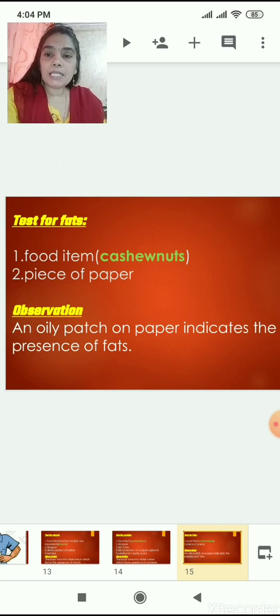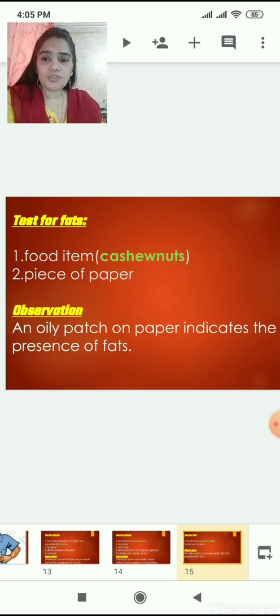Yes, vitamins and minerals that are present in different food items. So why do we need all these nutrients, children? In the next chapter, we are going to learn what various nutrients do to our body.